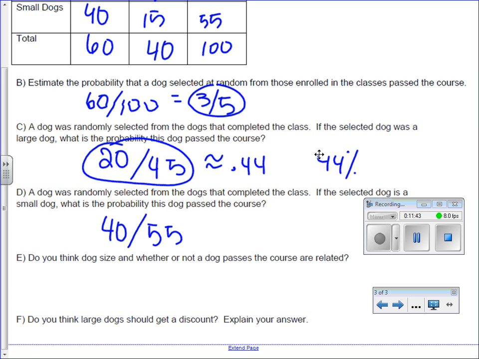Whereas for small dogs in part D, it was 40 out of 55, which is approximately 0.73, or approximately 73%. So as you can see, way more small dogs pass the class than large dogs. So we're going to write here, yes, more small dogs pass the class.